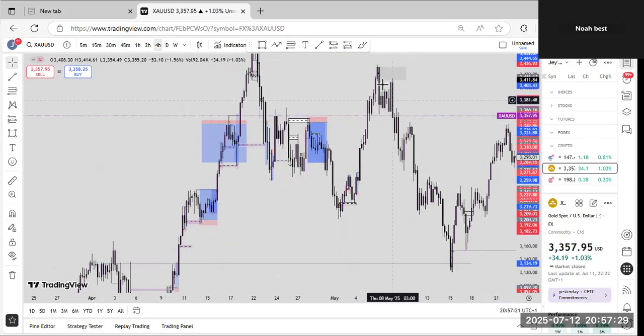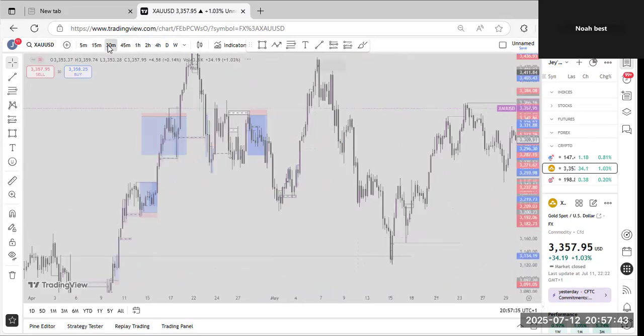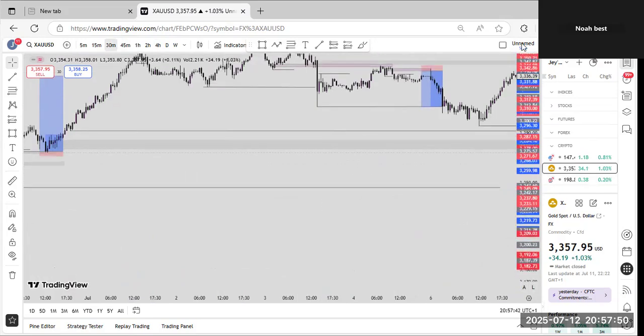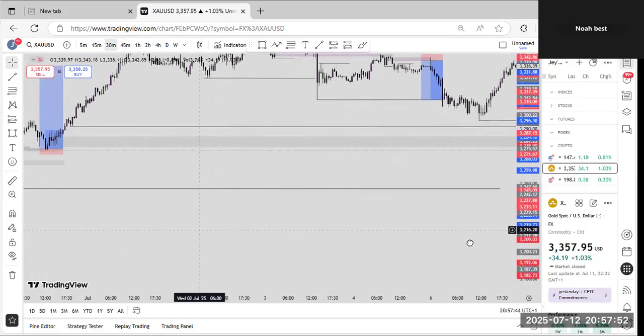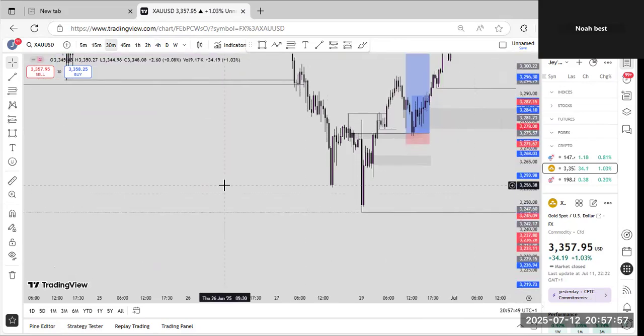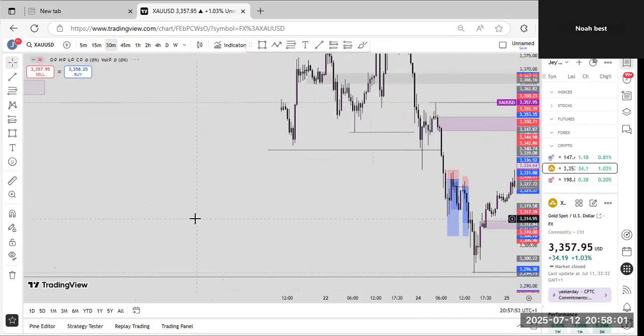It means that as price reacted from this other block, we are most likely going to be taking sales in the market. But let's go to the 30 minutes time frame and check out for something.